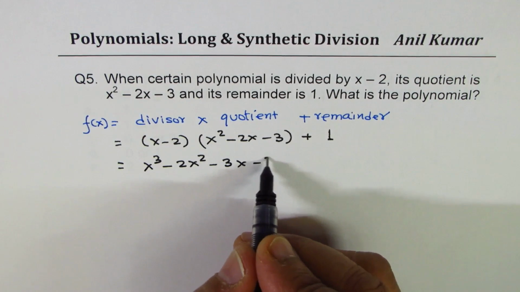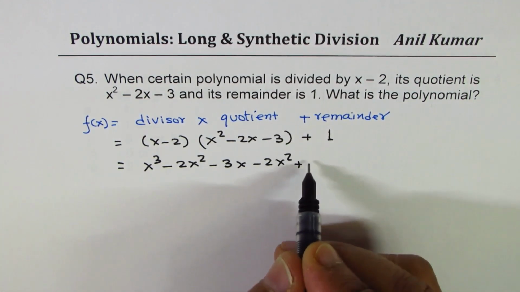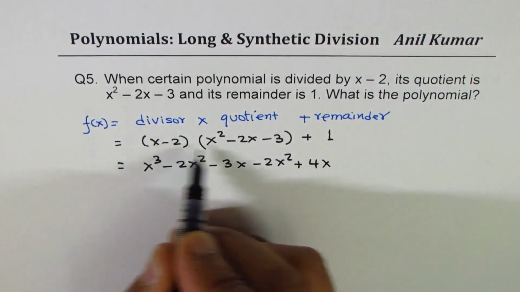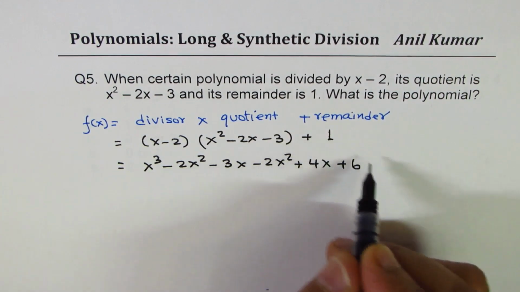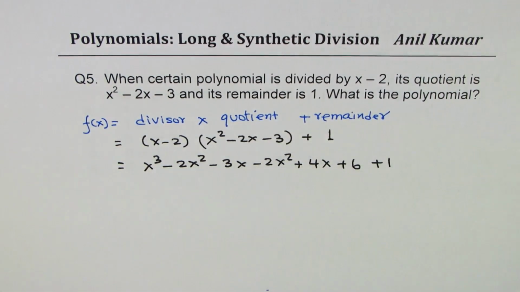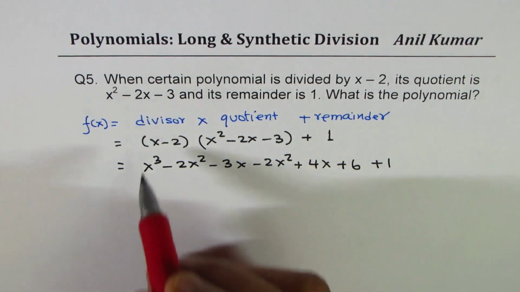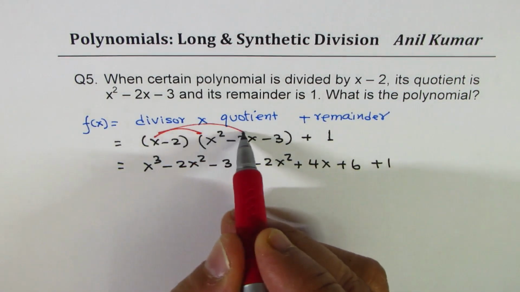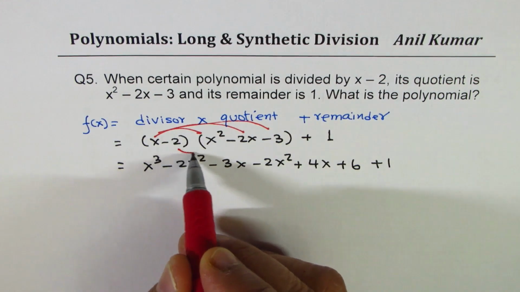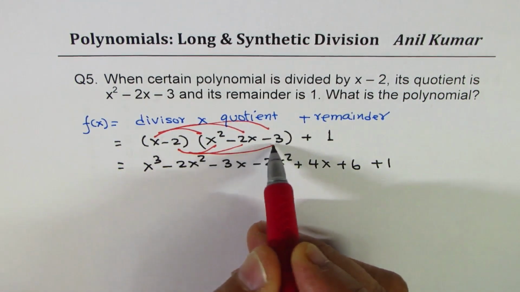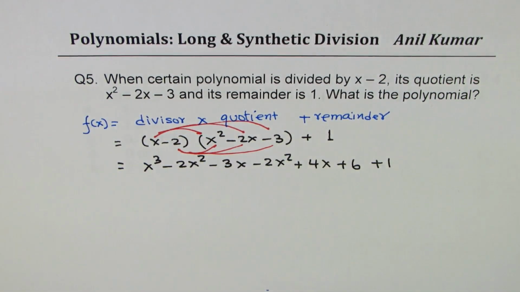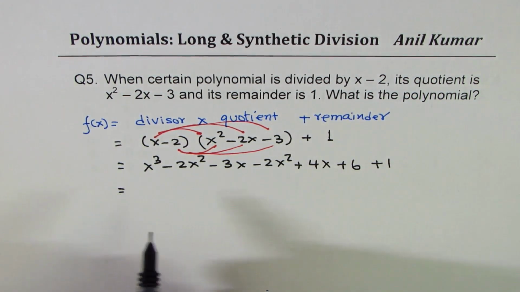Now with minus 2 we get minus 2x squared plus 4x plus 6 and then we'll add 1, correct? So we just applied the distributive property. First we multiplied with x all the 3 terms and the rest 3 terms we got after multiplying with minus 2. So we have 6 terms. We'll combine 1, the constant, with them.